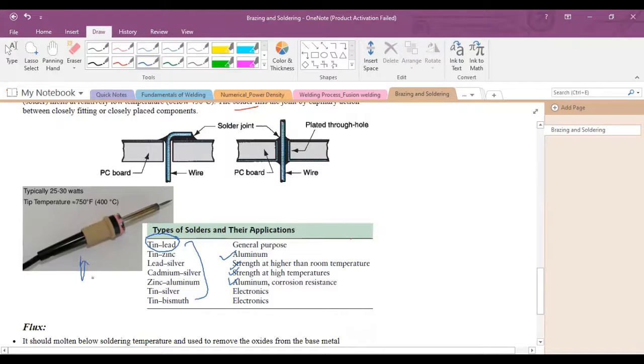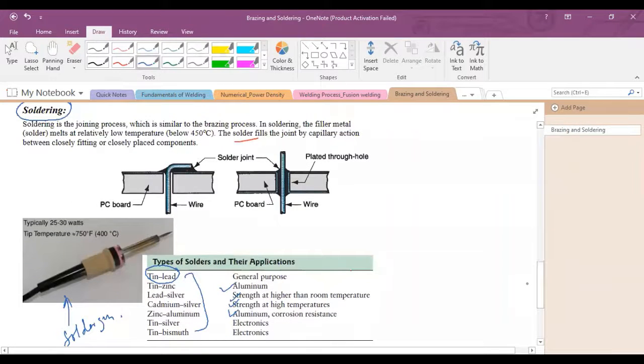This is the solder gun, and this solder gun has a temperature of 400 degrees centigrade. Soldering is commonly used in the electronic industry. You can see the mobile repairer normally uses soldering to fix the mobile ICs.